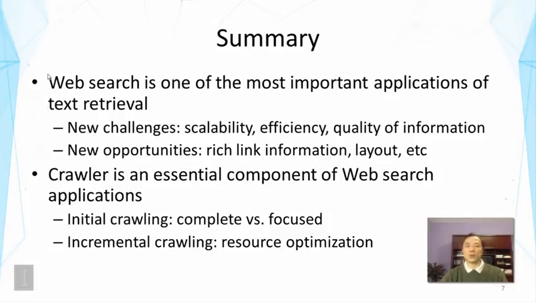One is initial crawling, and here we want to have complete crawling of the web if you are doing a general search engine, or focused crawling if you want to just target a certain type of pages. And then there is another scenario, incremental updating of the crawl data, or incremental crawling. In this case, you need to optimize the resource. Try to use minimum resource to get the needed fresh information.